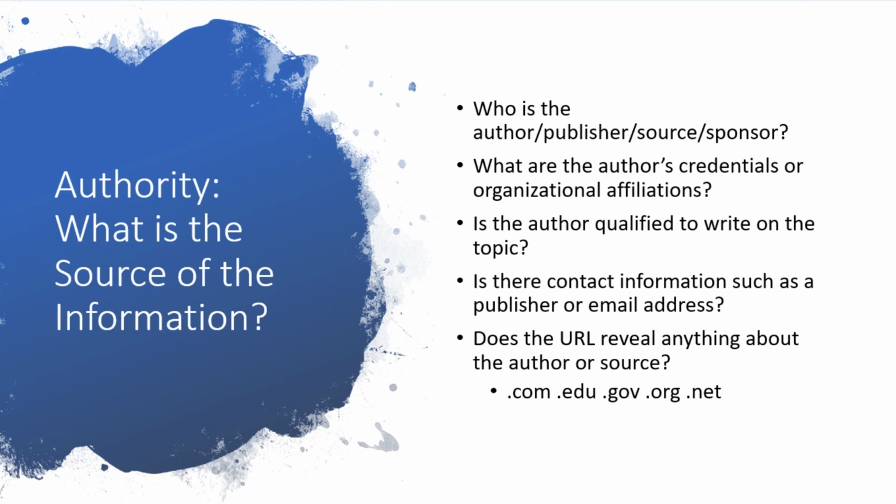So after that example, we also need to look at whether the contact information is there, like the publisher or an email address so that these people can be contacted. Because again, good sources are written by people who want to take credit for their work. Anonymous posts should not be trusted. Posts where you can't contact the researcher somehow should not be trusted.